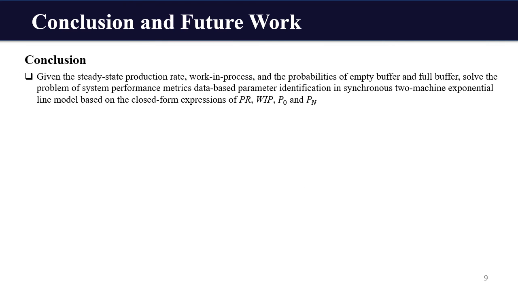In conclusion, in this paper, we study a parameter identification problem in production system modeling. Given the steady-state production rate, working process, the probability of empty buffer and full buffer, and their analytical expressions in terms of machine parameters, we solve the problem of performance metrics data-based parameter identification in the synchronous two-machine exponential line model.